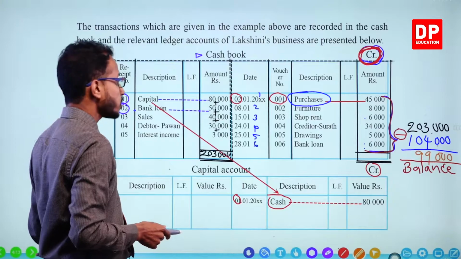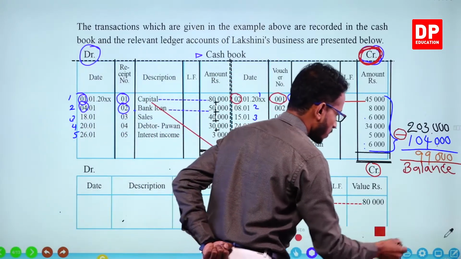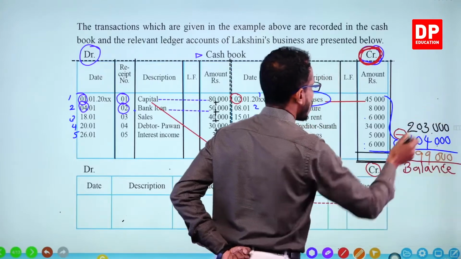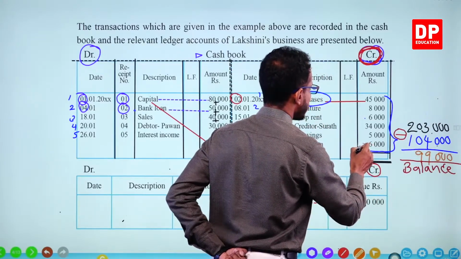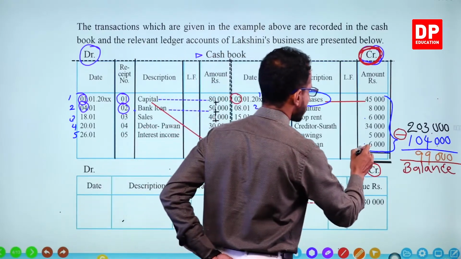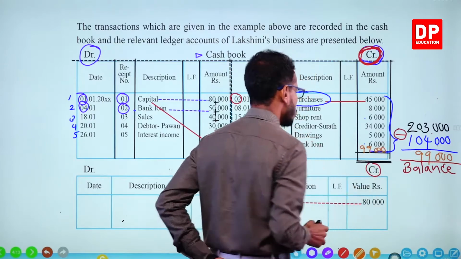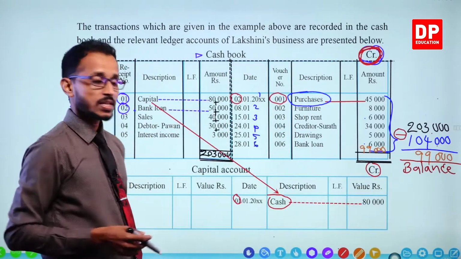What you do is, you write that balance on the credit side, which is the lesser side, just on top of the sum box.